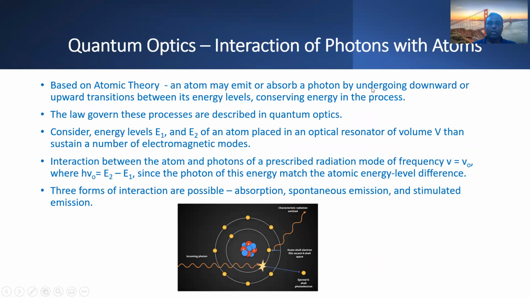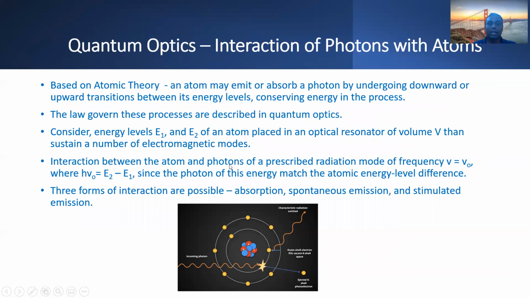Interaction of photons with atoms, right? Based on atomic theory, an atom may emit or absorb a photon by undergoing a downward or upward transition between its energy levels, conserving energy in the process. The laws governing these processes are described in quantum optics. Consider energy levels E1 and E2 of an atom placed in an optical resonator of volume V, which sustains a number of electromagnetic modes.